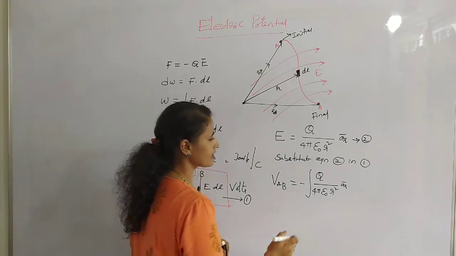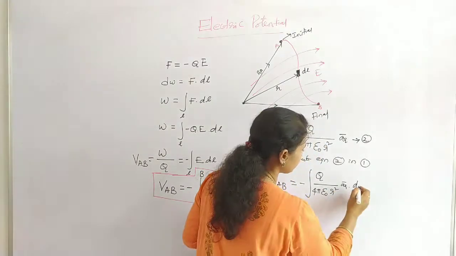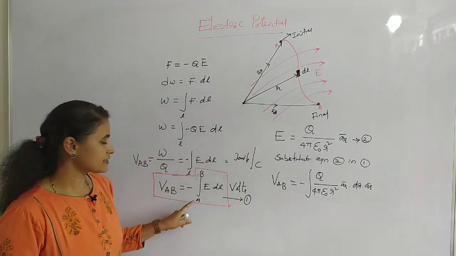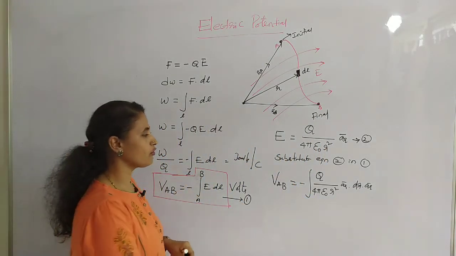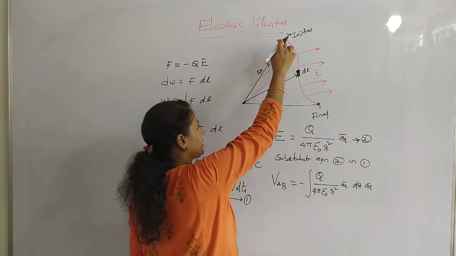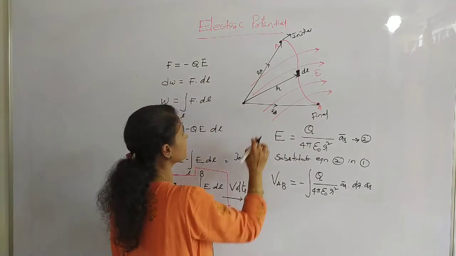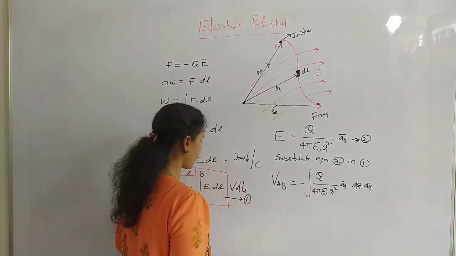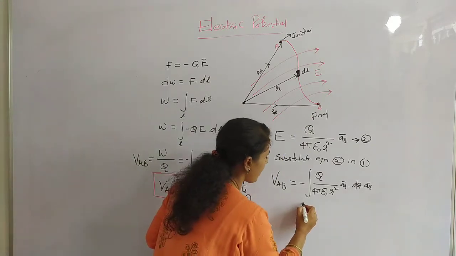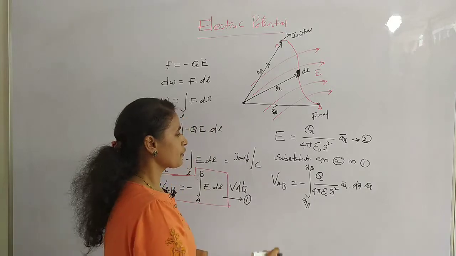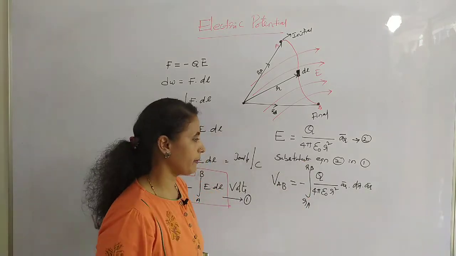Let the dl also be the differential dr into AR. And this is from point A to the point B now. Now while we are integrating, the distance from point A to the point B is nothing but RA at point A and RB at point B. So this is RA to RB. This is the vector distance from point A to the point B.